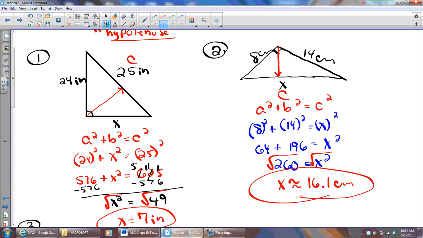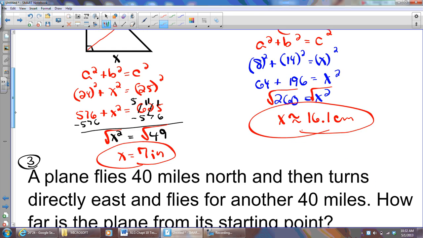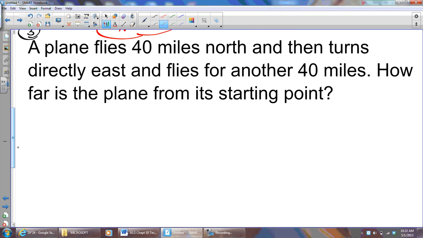Okay. All right, one last problem, a story problem. A plane flies 40 miles north and then turns directly east and flies for another 40 miles. How far is the plane from its starting point? Well, first of all, the plane flew north, and then he turned and flew directly east.